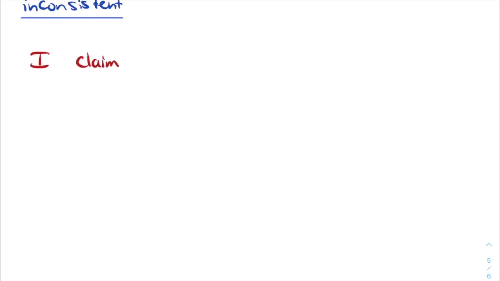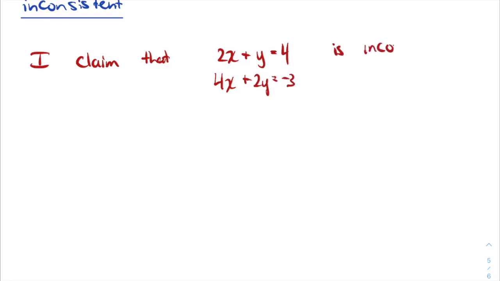I claim that the system 2x plus y equals 4 and 4x plus 2y equals negative 3 is inconsistent.